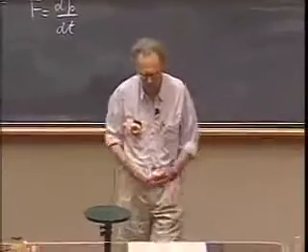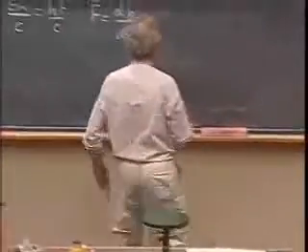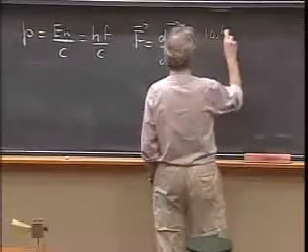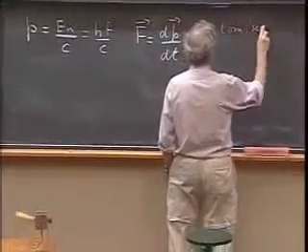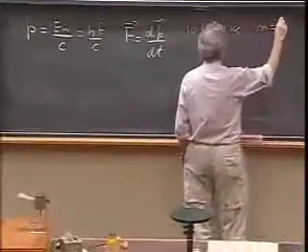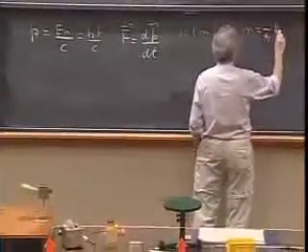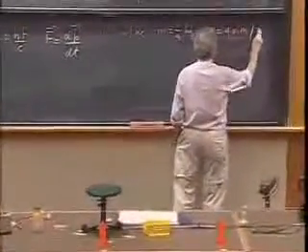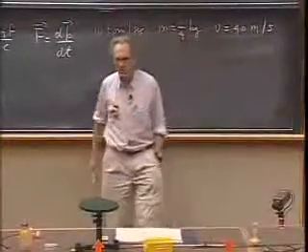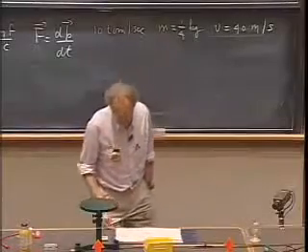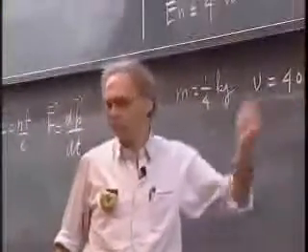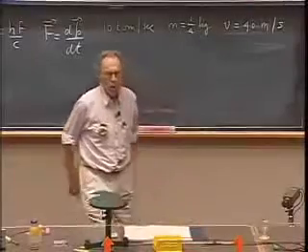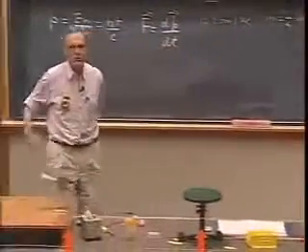Suppose I throw at you 10 tomatoes per second, the mass of each tomato is 1/4 of a kilogram, and I throw them at a speed of 40 meters per second, which I can do because I hire a baseball pitcher who can throw them at 90 miles per hour, which is 40 meters per second.